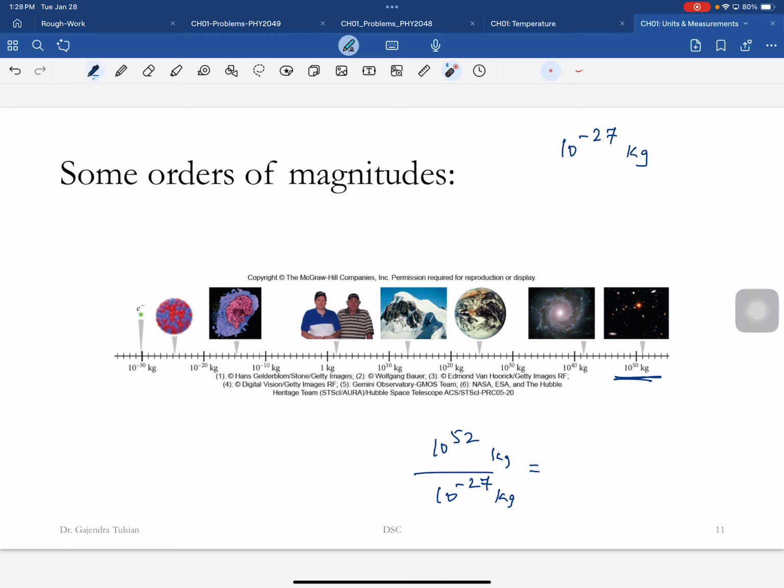Protons and neutrons. So that's 10 to the power 79, roughly 10 to the 80 protons. That's kind of neat. In these little diagrams you can figure out all kinds of stuff.